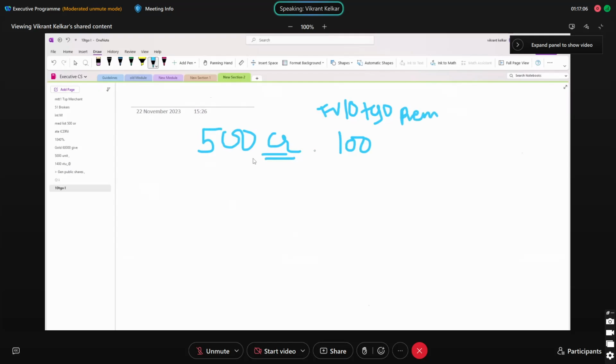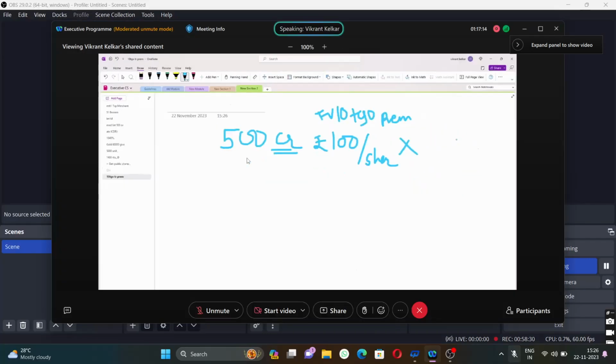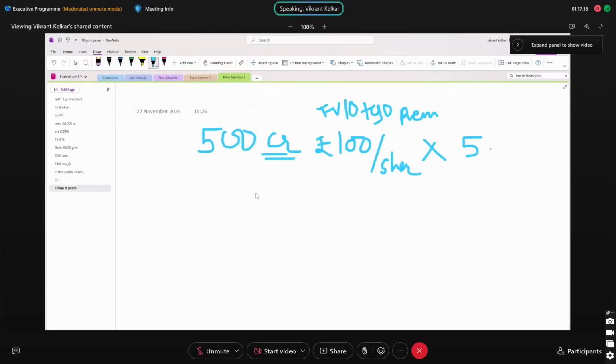The company is going to collect 100 rupees per share. So hypothetically, how many shares is the company going to sell? 5 crore shares, correct? Whether this is the issue size or not, 5 crore shares are to be sold at a price of 100 rupees per share, where the face value is rupees 10 and the premium is rupees 90. All together 100, that leads to 500 crore.